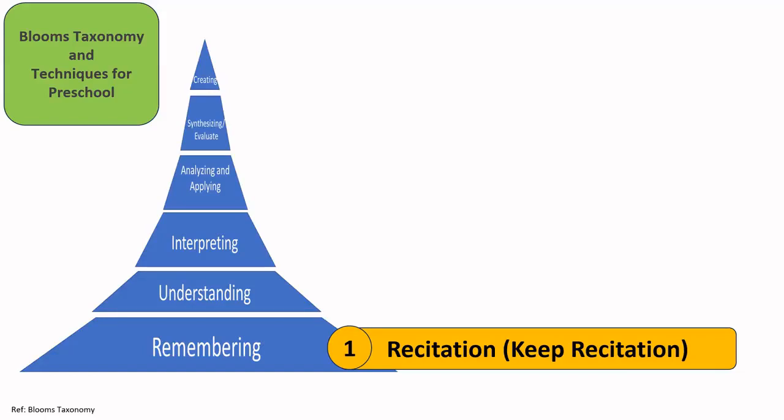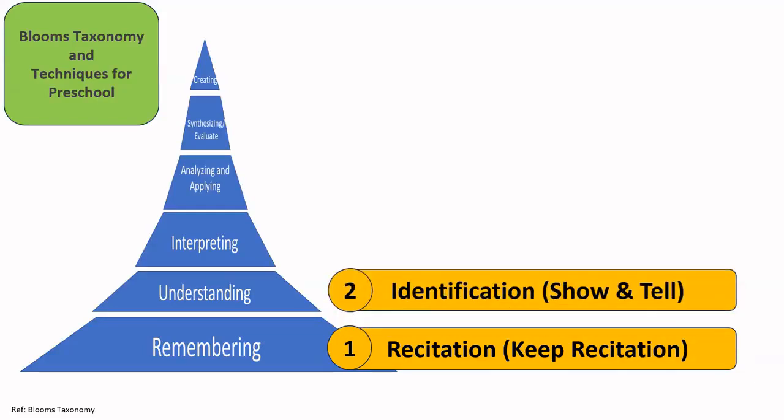Let's go to the second part. Once the recitation is done, this technique is fantastic. Second, to ensure understanding, the technique we can use is identification, or the technique you can use is show and tell. Anything you talk to the children at this stage, you have to make sure you are showing that object and talking about that object.